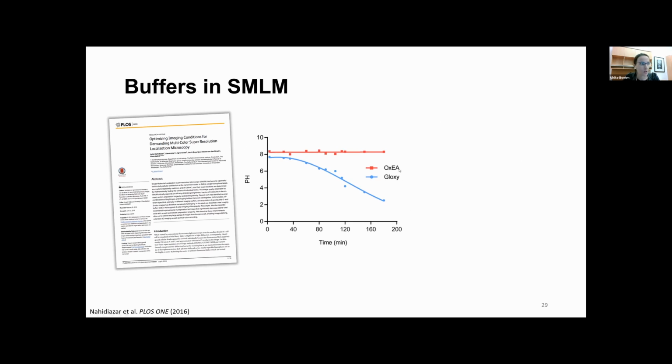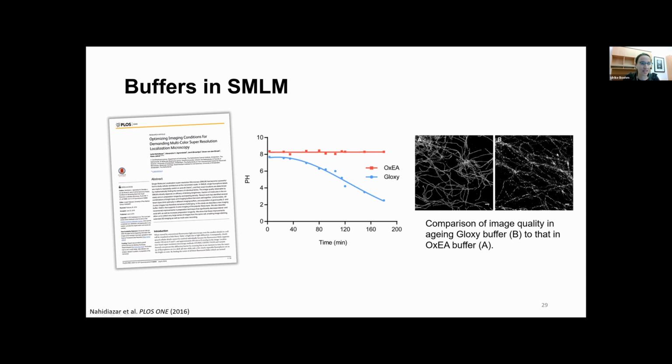What's shown here is that over a period of up to 3 hours, these different buffers actually change their pH. If they change their pH, that means you change the environment of the fluorophore, and when you change the environment of your fluorophore, you might also change its photophysical properties. And then you might end up with fewer photons.